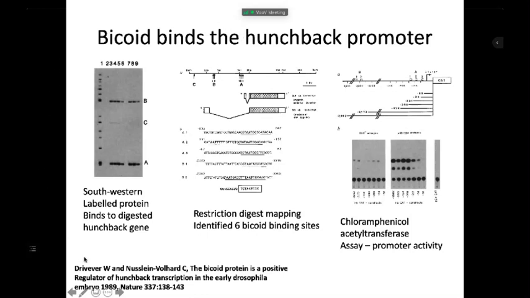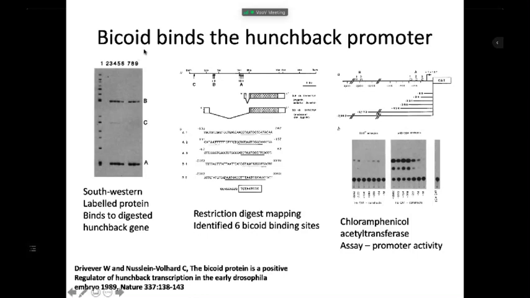The first experiment we can perform is something called a Southwestern, where you run DNA on a polyacrylamide gel, and then you incubate it with the bicoid protein, and it binds to the hunchback gene, or to DNA that binds bicoid.